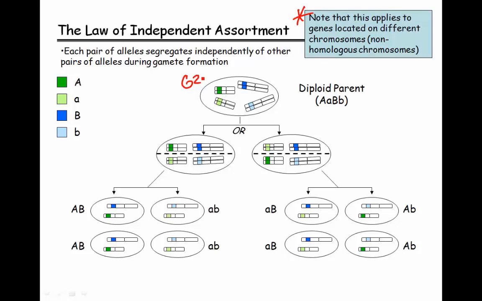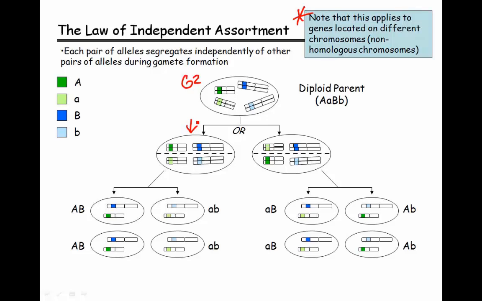Now, as we go through meiosis 1, we're going to be forming the tetrads, and then those tetrads are going to be lining up on the metaphase plate. It is a random lining up of the chromosomes on the metaphase plate, which means that it is possible to get this situation right here, where we get the dark colors, dark green and dark blue, on the same side of the line, and then the light colors on the other side of the line.